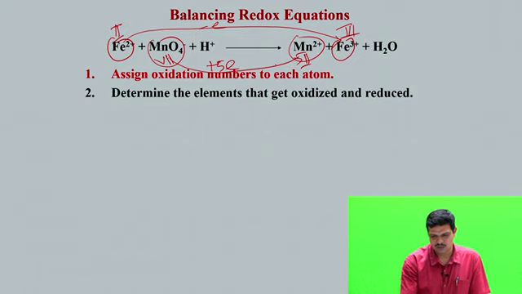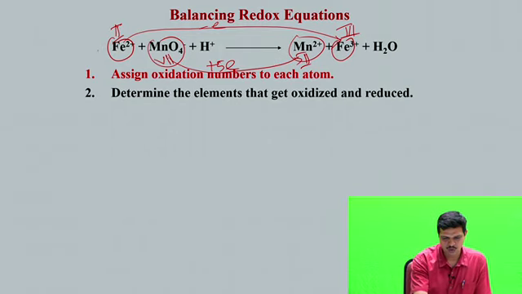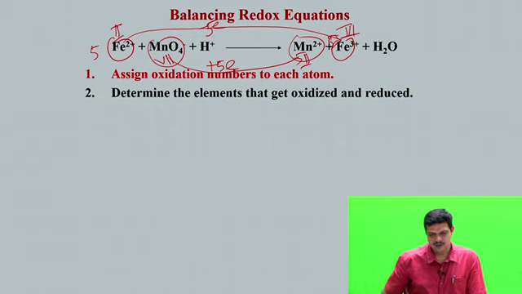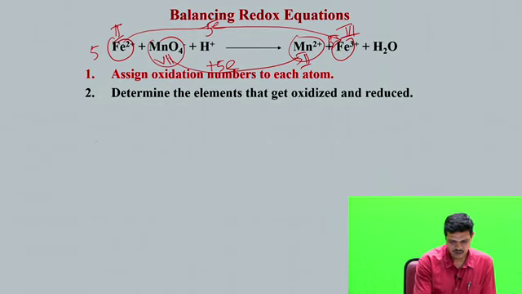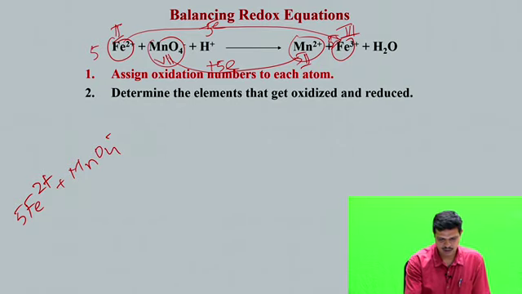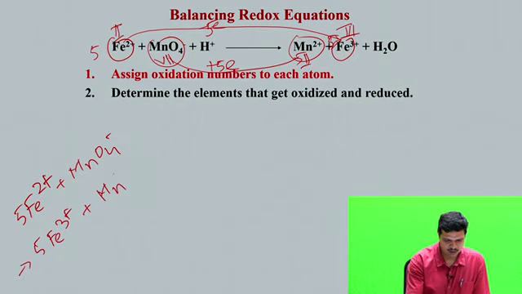So to balance the equation, you first multiply the Fe2+ by 5, so it becomes 5 Fe2+ plus MnO4-, giving 5 Fe3+ and Mn2+.